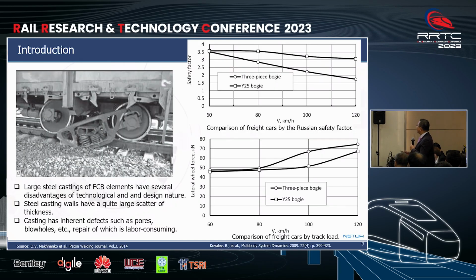Normally the 3-piece bogie is made of cast steel structure, and with cast steel structure, we are concerned about defects in the material. When a defect occurs in the material, it can easily cause failure of the bogie in service.